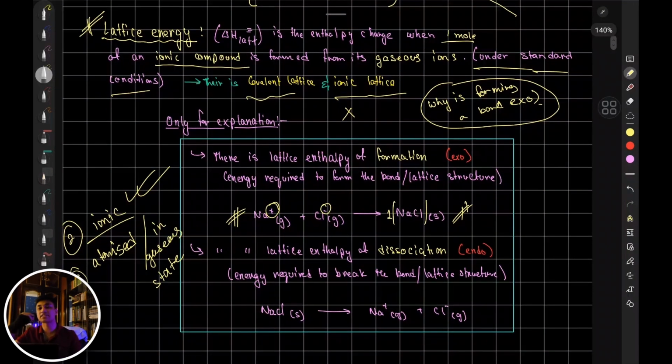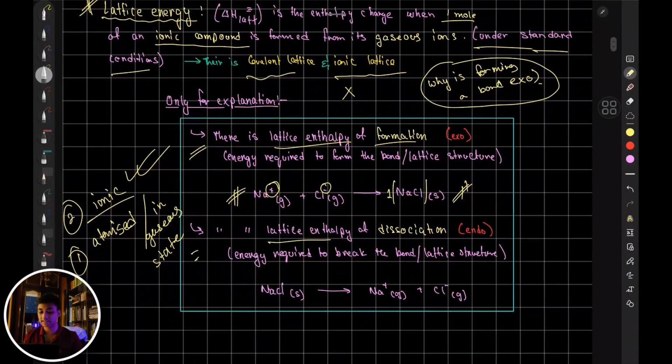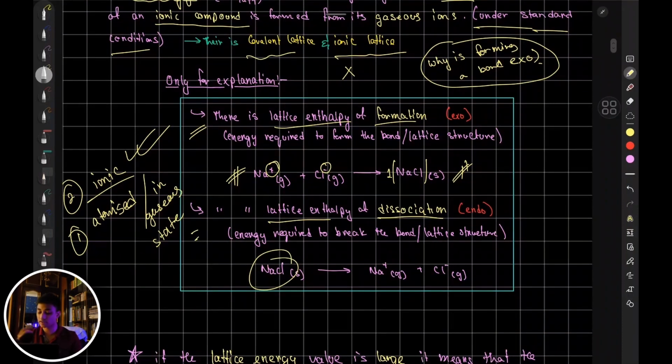Now, for the sake of explaining, I've broken it down into two parts. One is lattice enthalpy of formation. The other is lattice enthalpy of dissociation. What is dissociation? It is basically when you take the ionic compound in the lattice structure and you dissociate it.